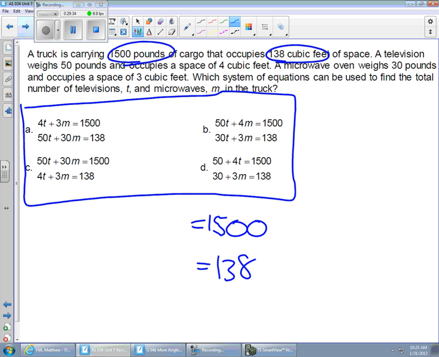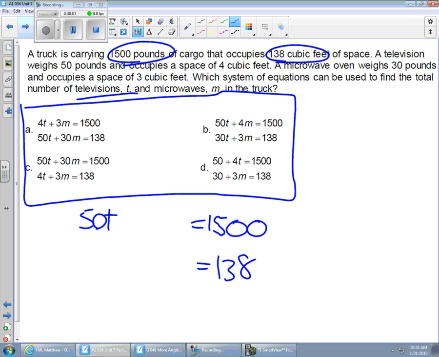A television weighs 50 pounds. Well, that's back to this 1500 equation, right? Because 1500 was pounds, so this 50 that's talking about pounds is going to be in this first equation. And it's talking about a television, 50 pounds, and they identify the television variable for us as being T. So the 50 needs to multiply by the T, 50 pounds times each television set.